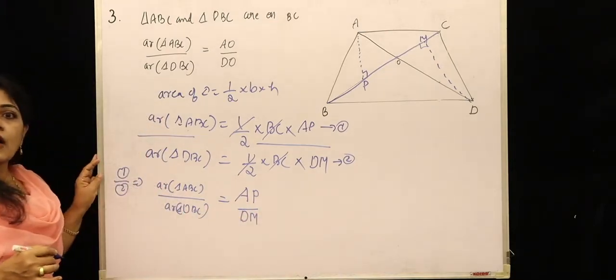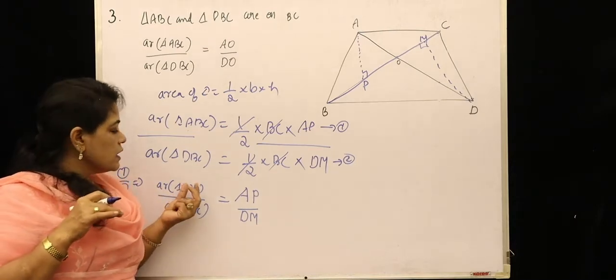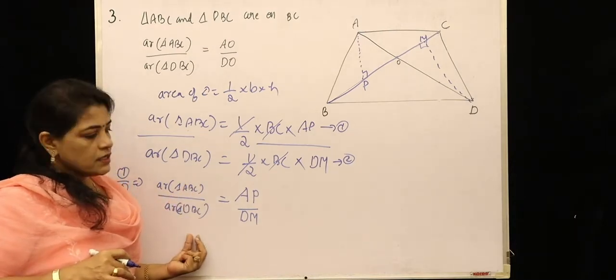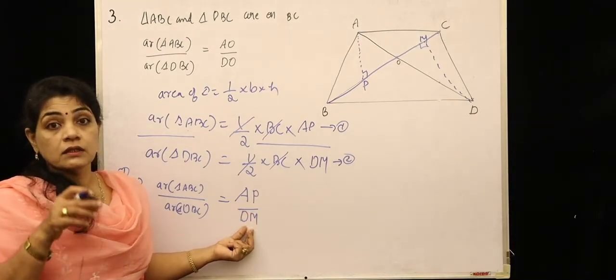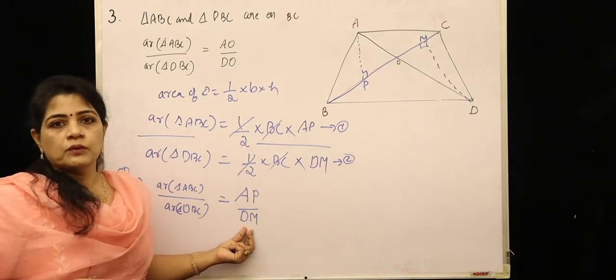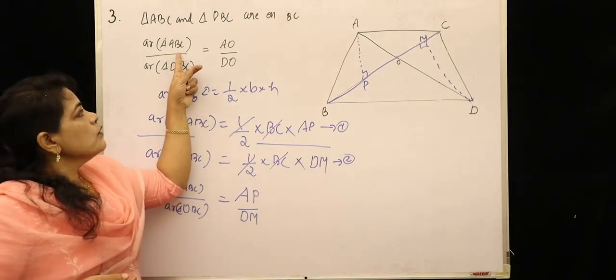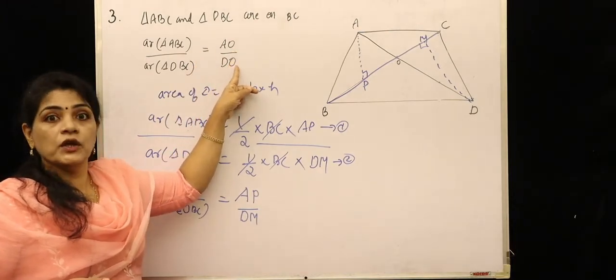See children, how we started, we applied that formula half BH, and now we have the ratio between these two triangles in terms of the ratio of their corresponding altitudes. That is the way we reached now. And what else we need to prove? See, in the given proof, in the RHS it is AO divided by DO.